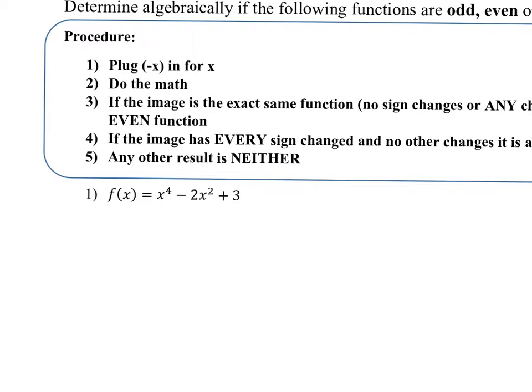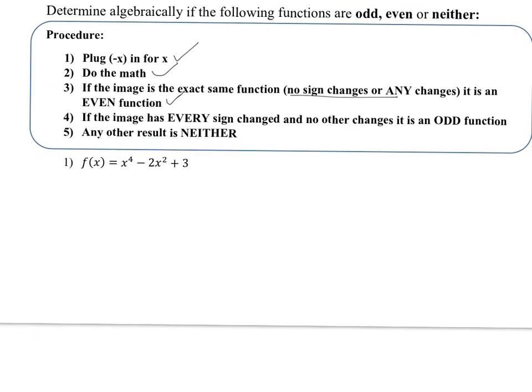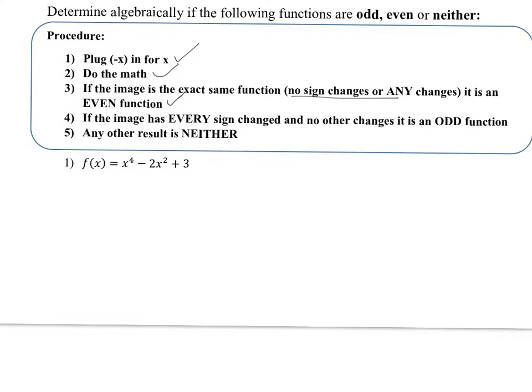That's what we want to do here. We plug in negative x and do the math. If the function stays the same and there's no change, it's considered even. If the whole function changes, meaning every sign gets changed, then it's odd, and otherwise it's neither.